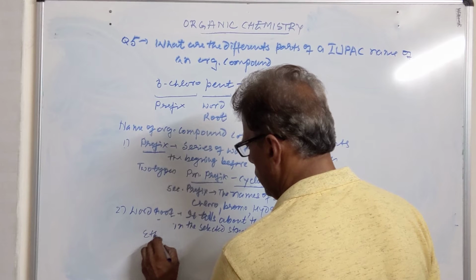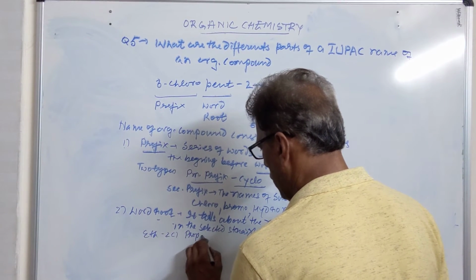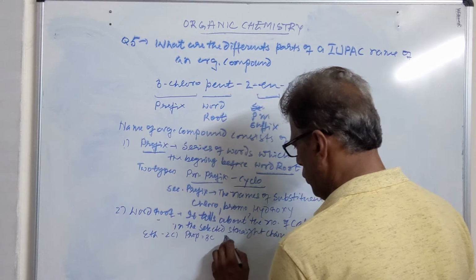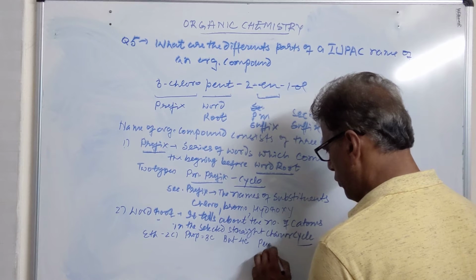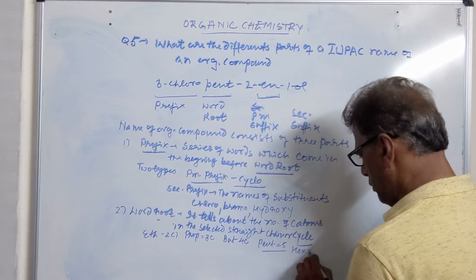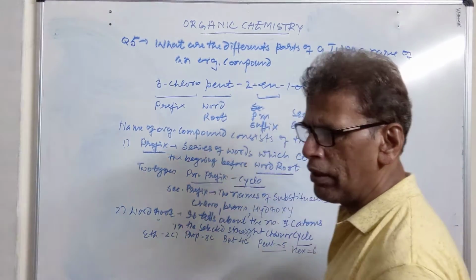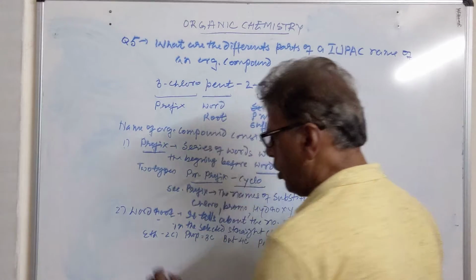Meth for 1 carbon, eth for 2 carbon, prop for 3 carbon, but for 4 carbon in chain or cycle, pent for 5, hex for 6 carbon, hept for 7 carbon, oct for 8 carbon, non for 9 carbon, and so on.